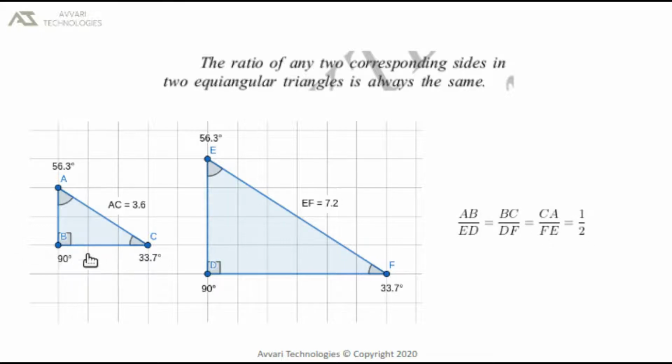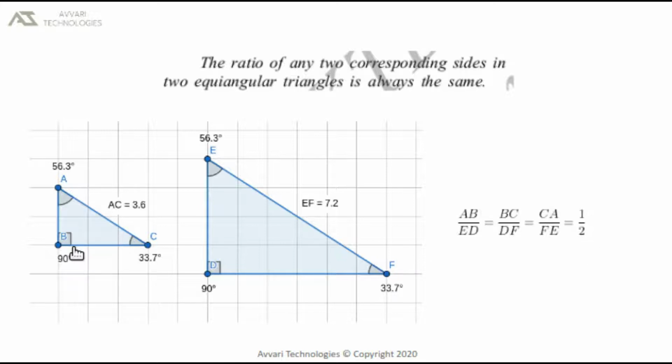And next, the ratio of BC and DF. The length of BC is 3 units and the length of DF is 6 units. So BC by DF is equal to 3 by 6, which is nothing but 1 by 2.